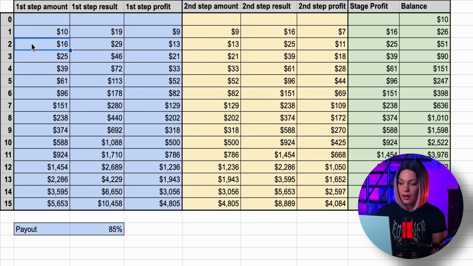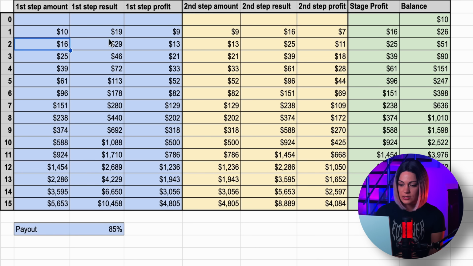Now we're moving to stage number 2, first step. And in this case, we are using the whole profit of the previous stage, so $16. If we are winning, we're going to get $29, and $13 is going to be the profit. If we are losing, we lost the $16 that we got from the first stage. We are going back to stage number 1, step number 1.